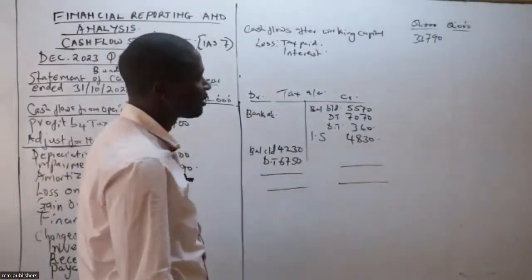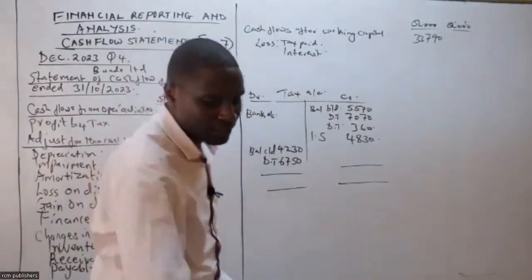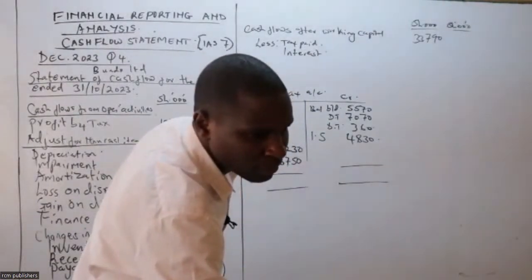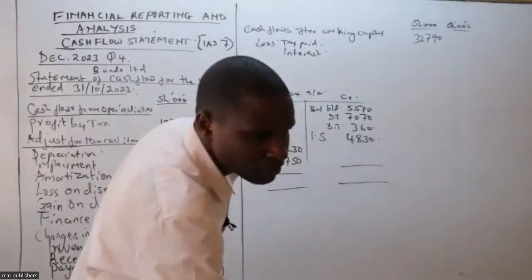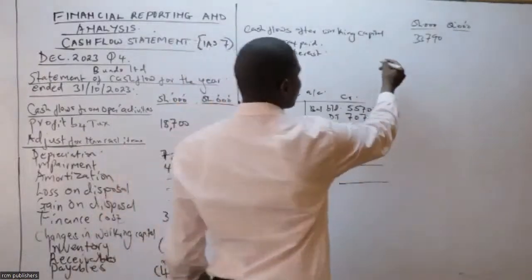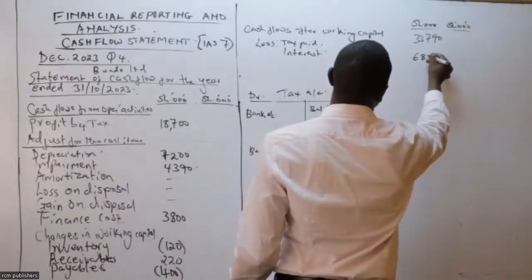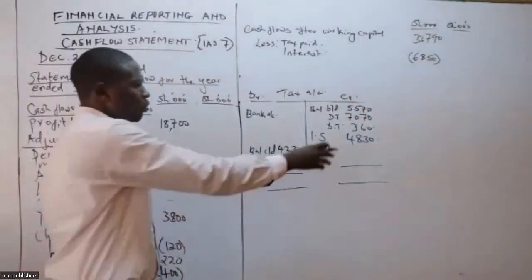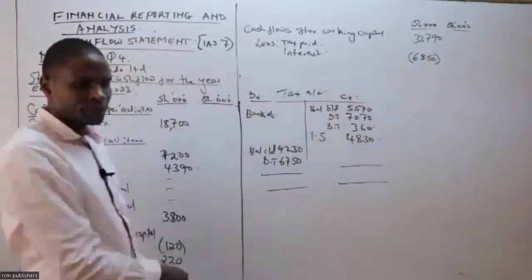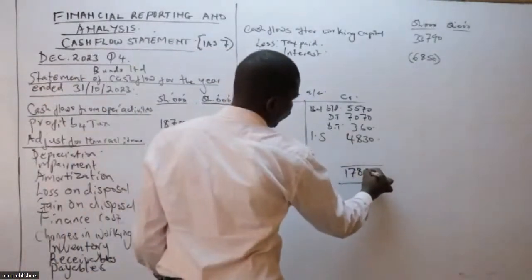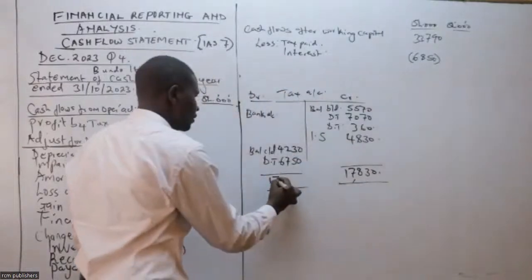So can you give me the tax? Someone has given us 6850. Yes, 6850. Our tax we will subtract 6850. Okay, now I want you to give me the total here. 17,830. I hope you have started with that side.